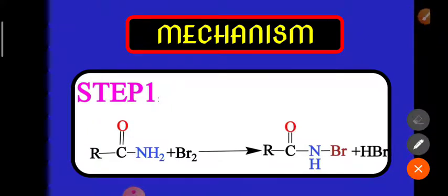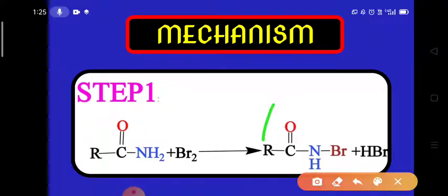Here we can divide the reaction mechanism of the Hoffman bromamide reaction into 5 steps. In the first step, amide reacts with bromine and forms N-bromoamide.